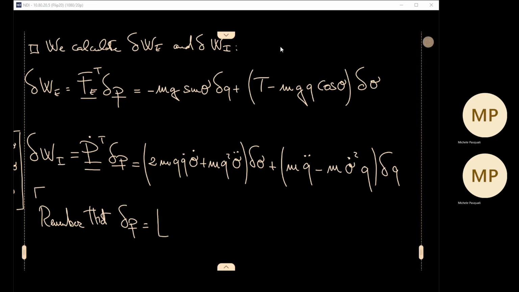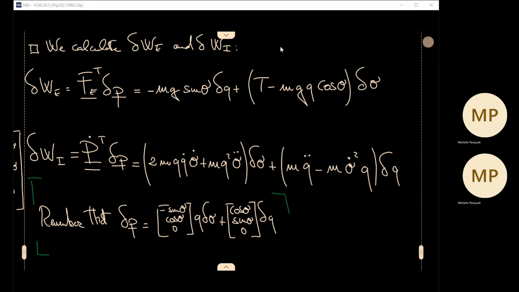So it is minus sinus of theta cosinus of theta and 0 times delta q, plus cosinus of theta sinus of theta 0 times delta theta. Okay? So this is just the definition of the virtual variation of P, which is, again, the virtual operator acts like a total differential.